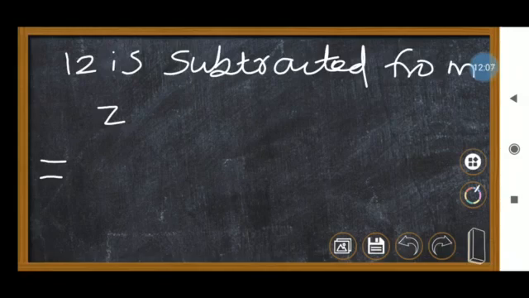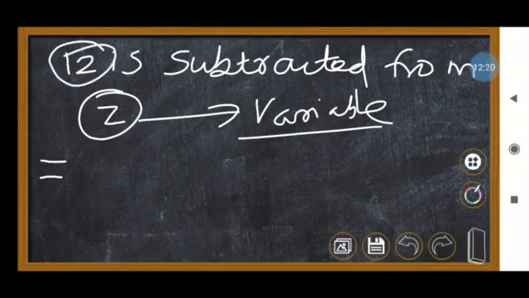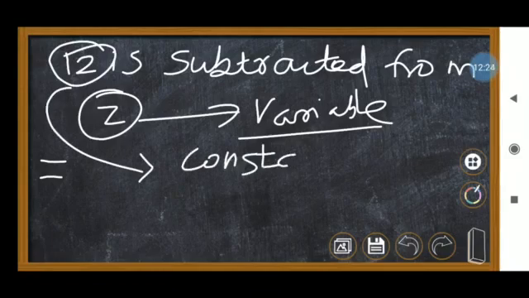Here 12 is a number, that means 12 is the constant, and Z is the variable. Now this expression can be called a with-variable expression.